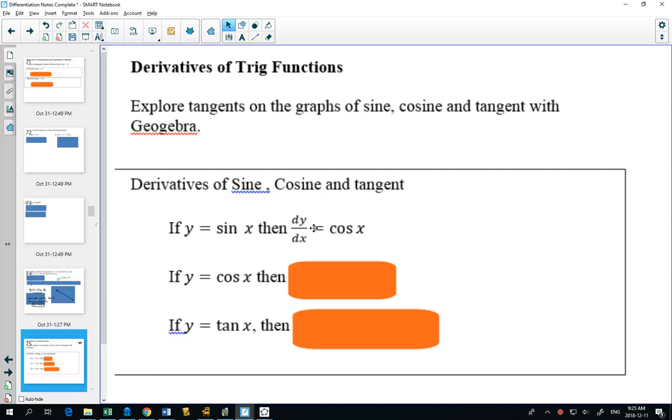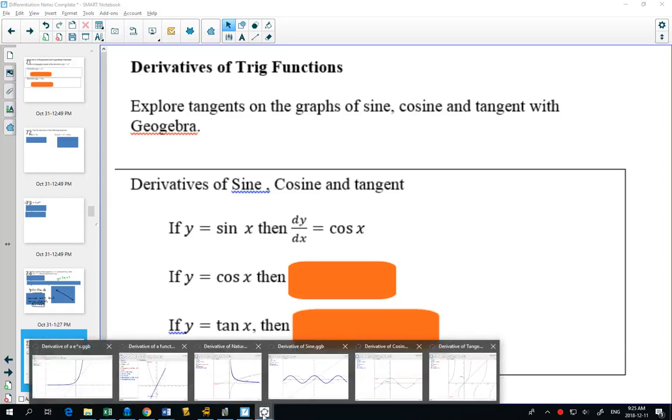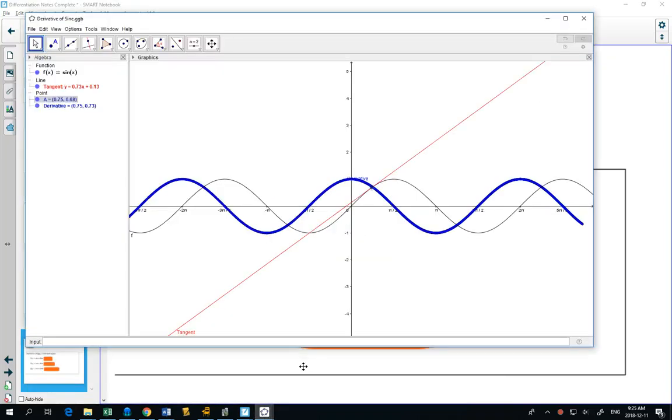Now you're going to have these memorized. One of the things that I find helpful for remembering that the derivative of sine is cos, because they're all so similar that they're going to be easy to mix up, trust me, is to think back to this graph and this tangent right here at 0.